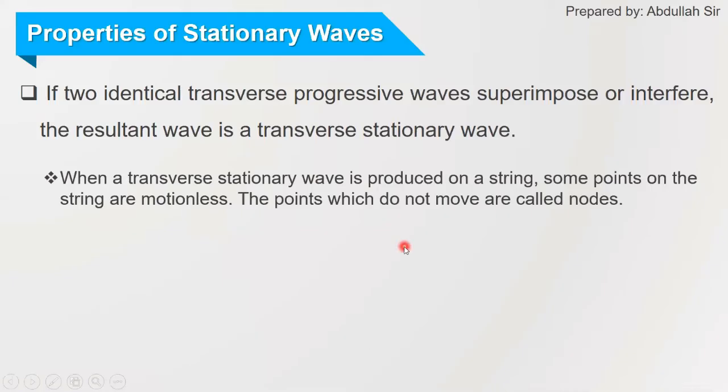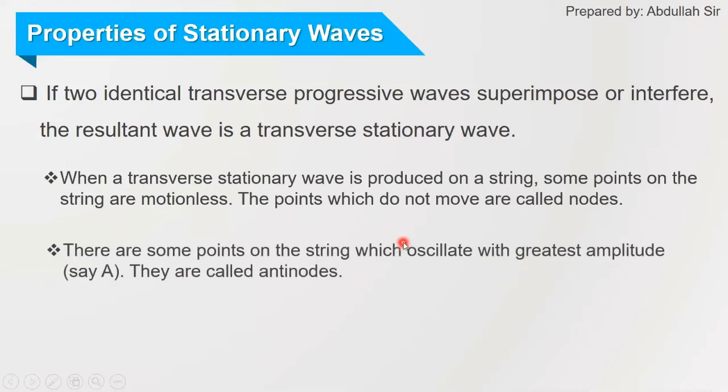The next point is, there are some points on the string which oscillate with greatest amplitude, say A, they are called antinodes. Now we are saying that the points which are oscillating with maximum amplitude, and that amplitude is A, are called antinodes.